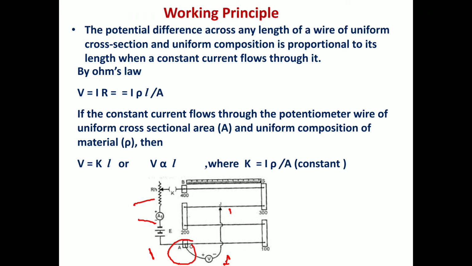In that case we will realize that the voltmeter reading, that is the potential difference, will also change in proportion to the length of the wire. So this is a practical setup to verify V is equal to KL, or V is proportional to L.